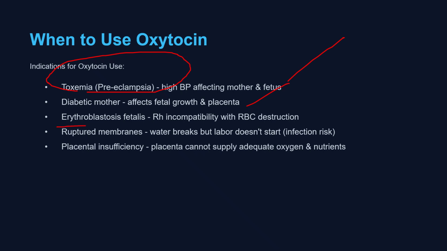So you want to remember, erythroblastosis fetalis is nothing but the mother's antibody destroying the child's RBC. So during that condition also we use it. Next, ruptured membrane. Ruptured membrane is when the water breaks but labor does not start.